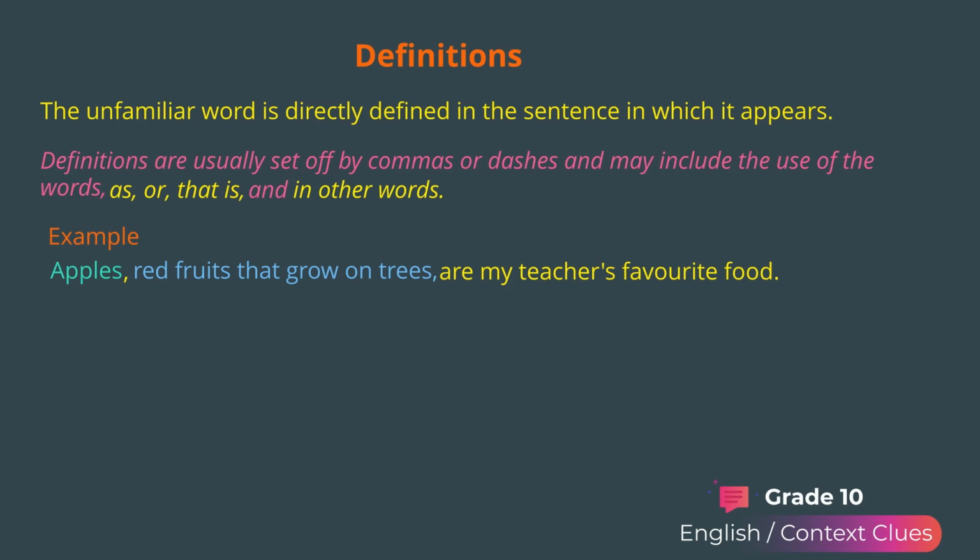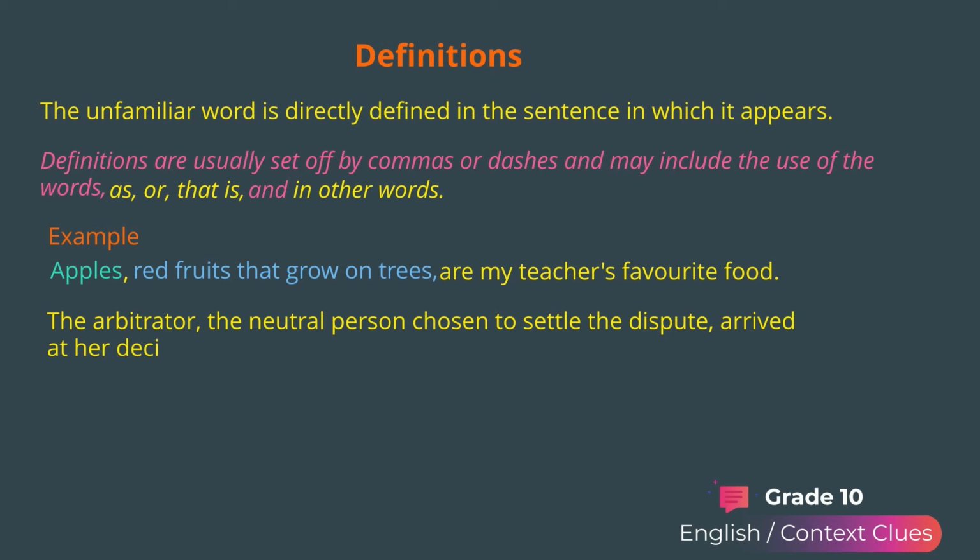In this case, a word is defined for you in the sentence. This usually happens right after the unfamiliar word appears, and it is set off with commas. Example: the arbitrator, the neutral person chosen to settle the dispute, arrived at her decision. We don't know what arbitrator means, but luckily, the definition is given to us in the sentence.